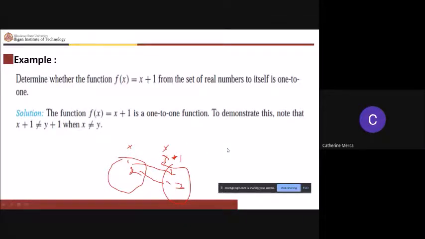Dapat equal sila. So, kung domain nimo kay set of real numbers, ang imuhang codomain is set of real numbers, mahurot ba siya? Onto na siya. Kaya naman tanan siya ay pre-image sa set of real numbers.